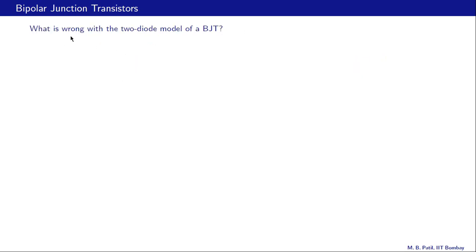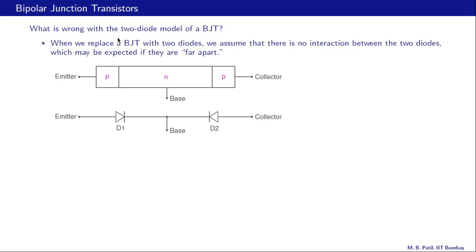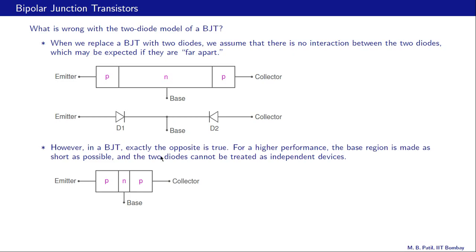Let us now see what is wrong with the two diode model of a BJT. Here is the two diode model, two diodes connected back to back. What it implies is that this N region, the base region, is very long, and that these two junctions, the emitter base junction and the collector base junction, are far apart, and that implies that there is no interaction between these two diodes. Now in reality, exactly the opposite is true.